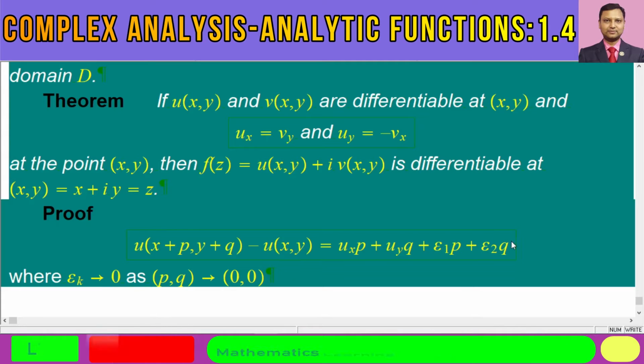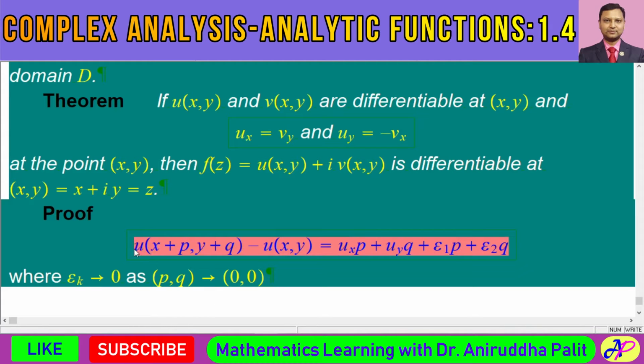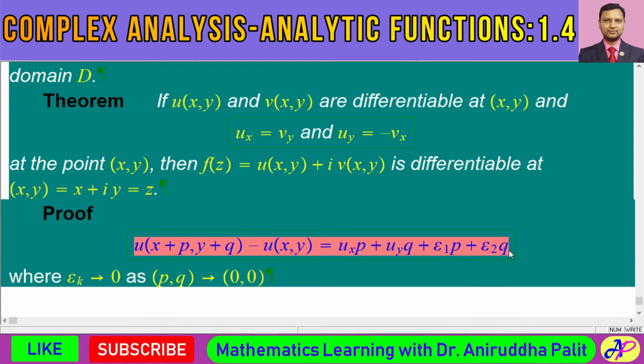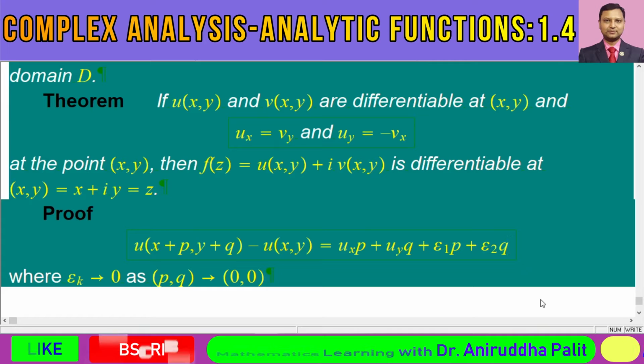So this is the definition of differentiability for the function u at the point x comma y.